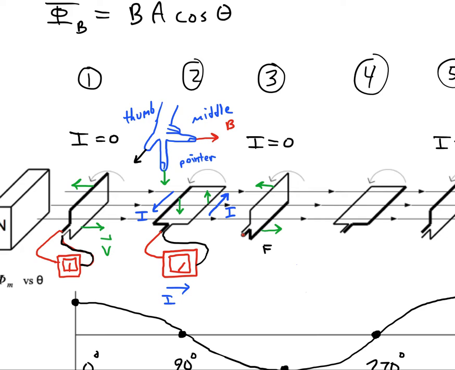The red lead has to be attached to the shaded in segment, and the red lead goes in through the left of the galvanometer. The black wire needs to be attached here, and we want our current to be 0 in that position.